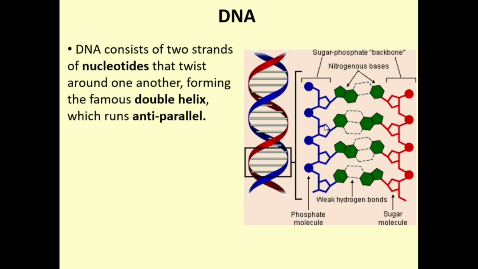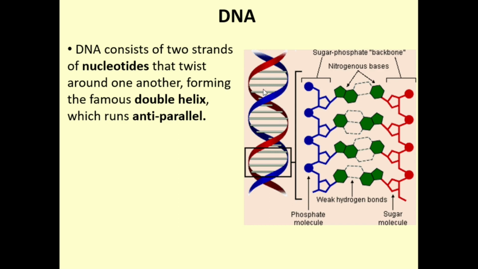So the left-hand strand here runs up, with the phosphate group on the left and the nitrogenous base on the right, so from bottom to top. The opposing strand has to run in the opposite direction, with the phosphate group on the right and the nitrogenous base on the left, so these nitrogenous bases can meet each other in the middle. And this is exactly what happens.